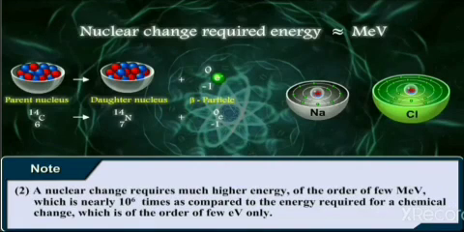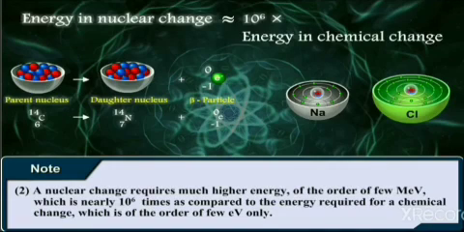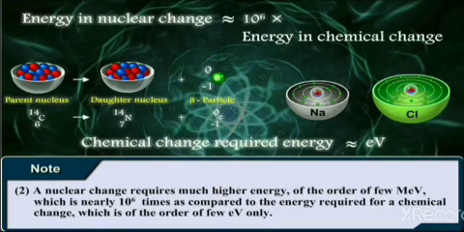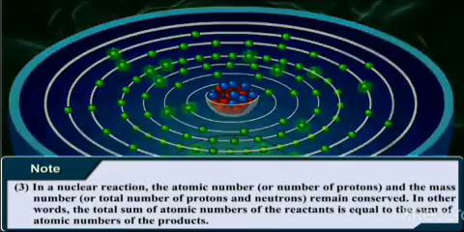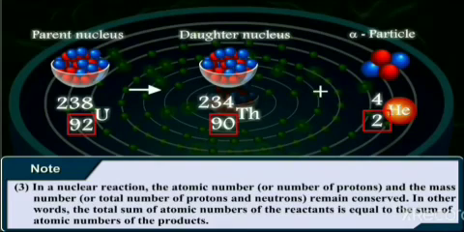A nuclear change requires much higher energy of the order of few mega electron volts, which is nearly 10 raised to 6 times as compared to the energy required for a chemical change, which is of the order of few electron volts only. 3. In a nuclear reaction, the atomic number or number of protons and the mass number or total number of protons and neutrons remain conserved.